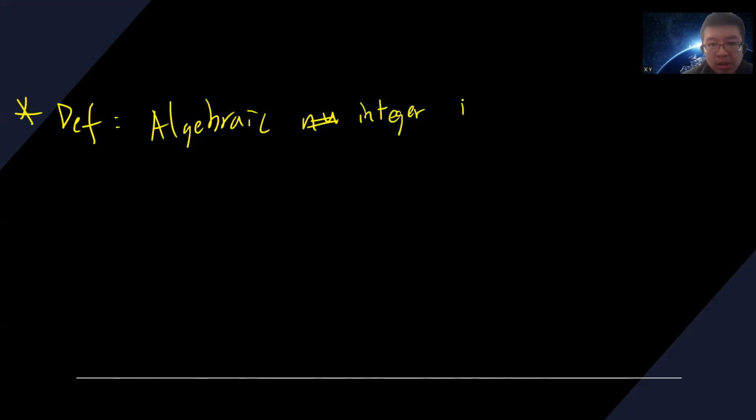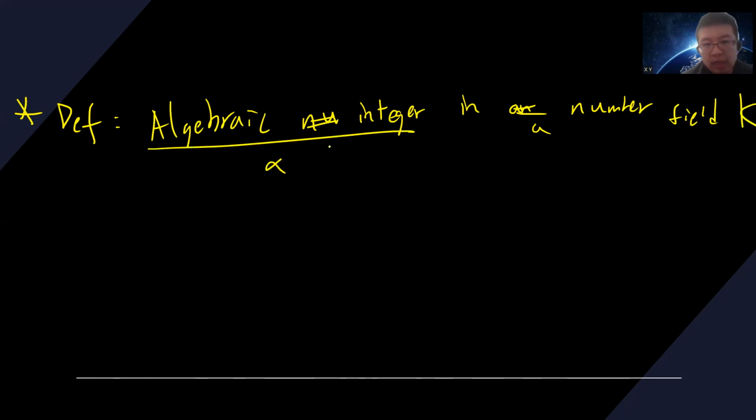Okay, now let's define the algebraic integer. When I say alpha is an algebraic integer in the number field K, it means that alpha satisfies two properties.